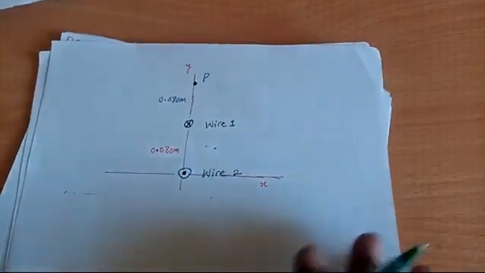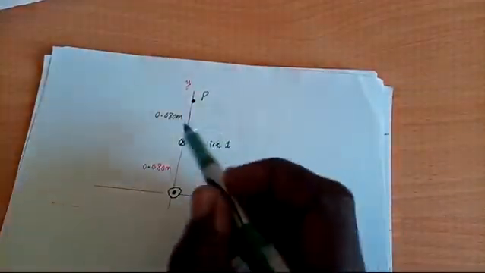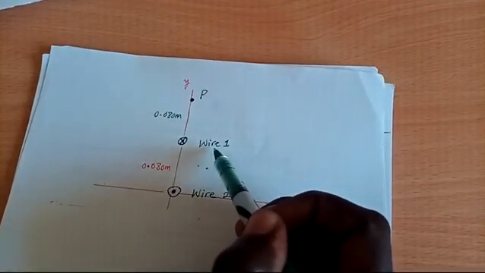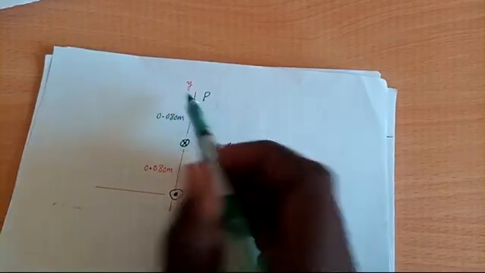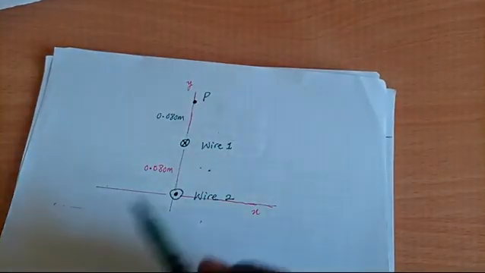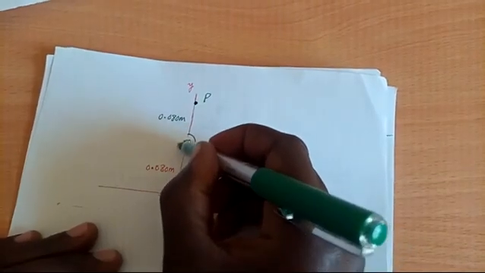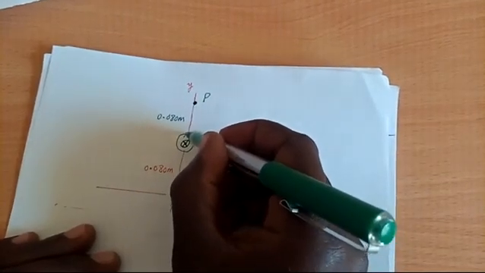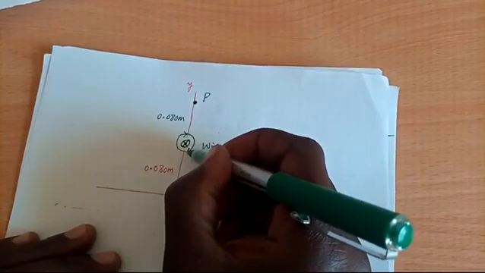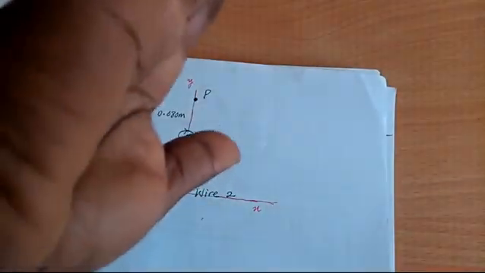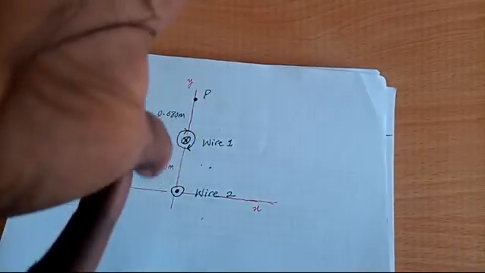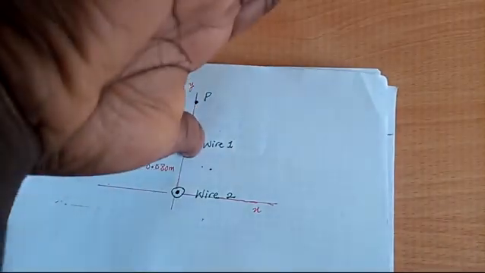Moving on, how do we draw the magnetic field due to wire 1 at point P? If it is into page, we know that the field around the wire is in the clockwise direction. Look at it here. You put your thumb into page like this.